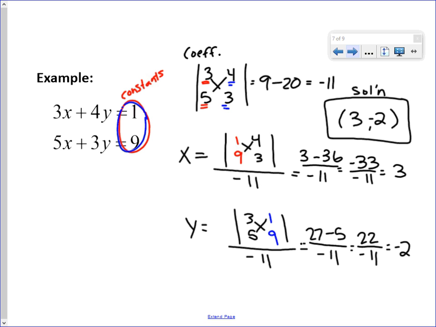Okay, so you could imagine how this would translate to a 3 by 3 system, which will be on your test on Tuesday. It's important that you feel comfortable with 3 by 3 determinants, because to do Cramer's rule, which will be on your test on Tuesday, you'll have to do essentially 4 3 by 3 determinants.